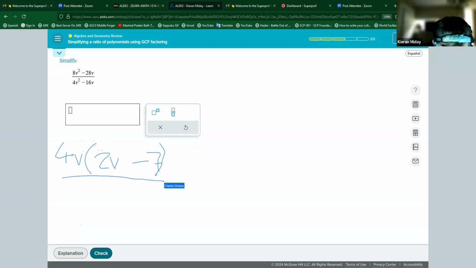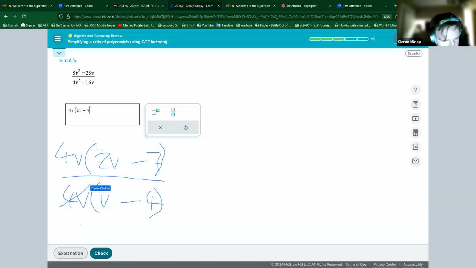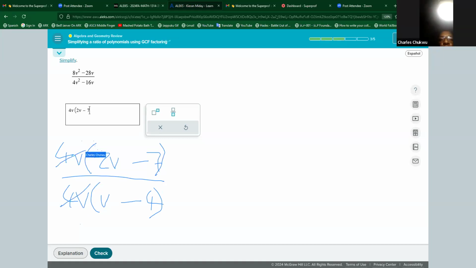Yes. And then at the bottom, we have another 4v doing some magic there with a v minus 4. You see that? Oh, I see. So that's all we have left. Can you see that? This is our final number.